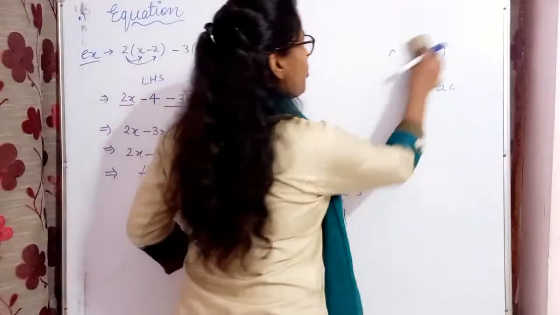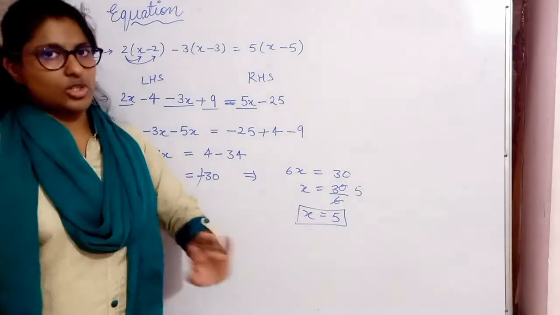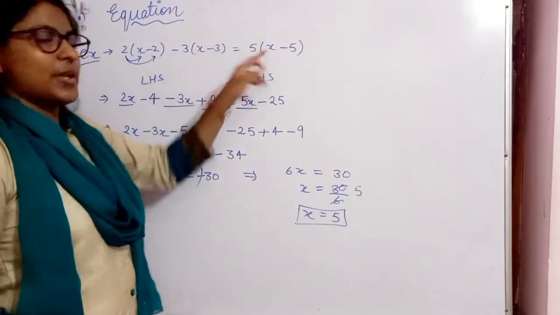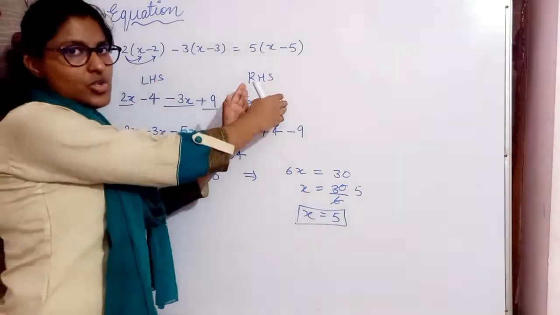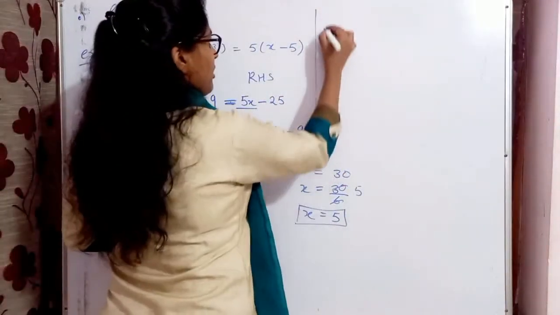Now see here how to verify it. How to verify if this value of 5 is correct or not. For the verification, we put this value as it is in the place of x. And after putting this, if we get LHS equal to RHS, it means our value of 5 is correct. Let's see here. Verification.